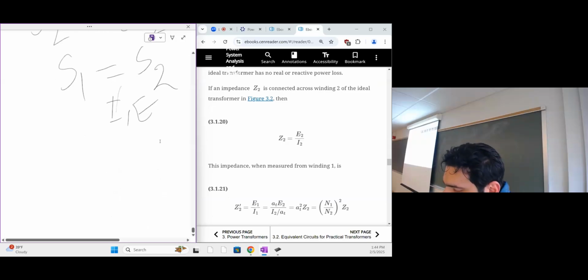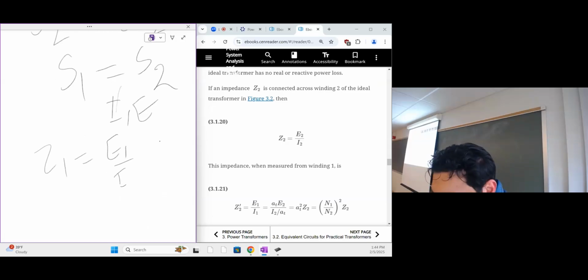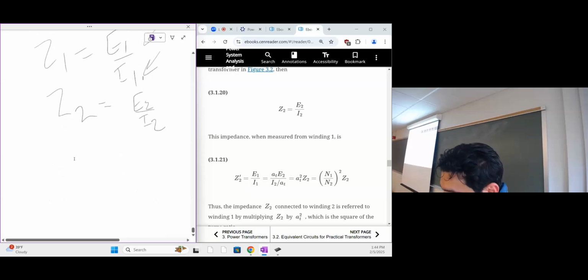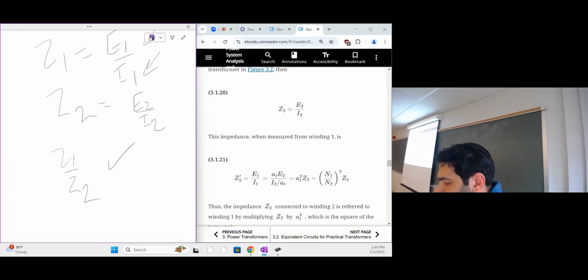What about Z, the impedance? Z1 is equal to E1 over I1, and Z2 is equal to E2 over I2. If you put the equivalent values of E1 and I1, you will realize that we could divide Z1 by Z2, and we'll get a proportion of that regarding each other.